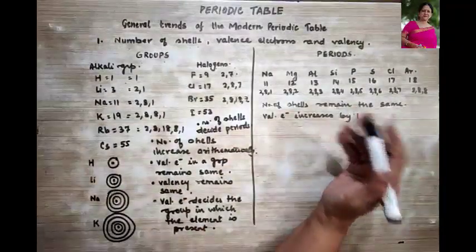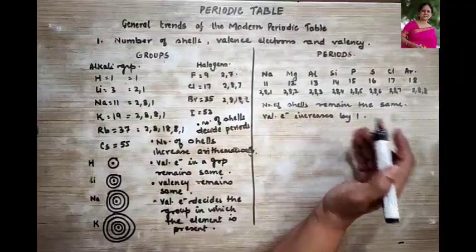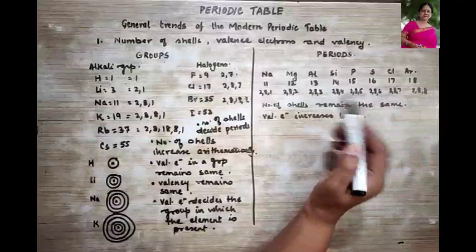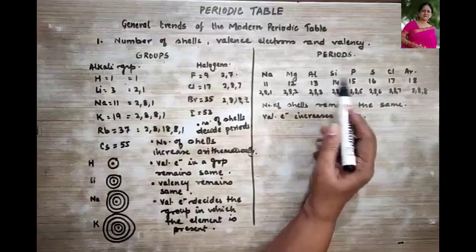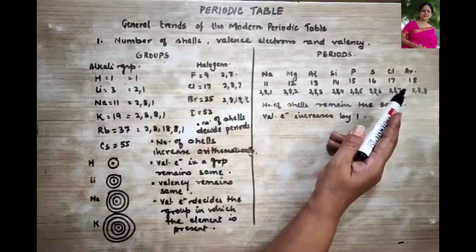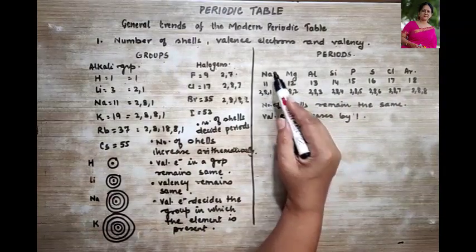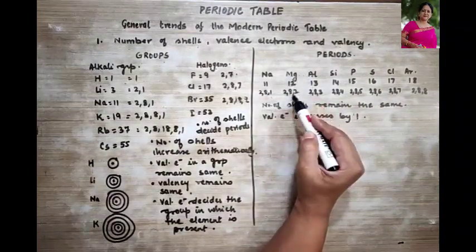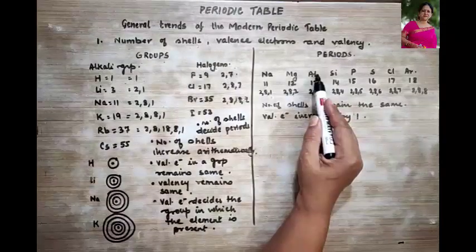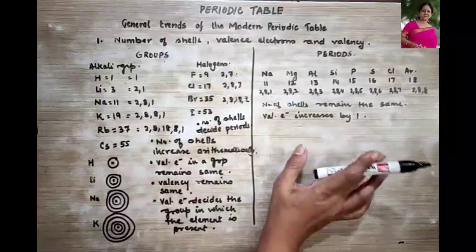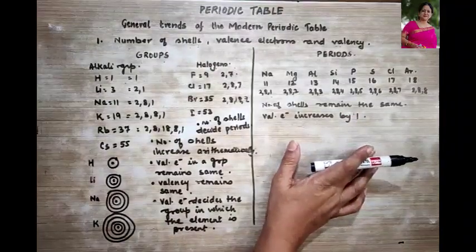Here in a period, number of shell remains the same, but valence electron keeps on increasing. See, 1, 2, 3, 4, 5 and so on. And therefore, this also decides which group they are present in. This is 1, valence electron 1. So, this is from group 1. Valence electron 2, group 2. Valence electron 3, group 3 and so on. Is this clear to all of you?